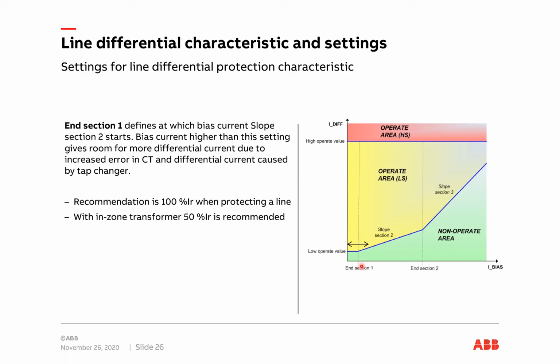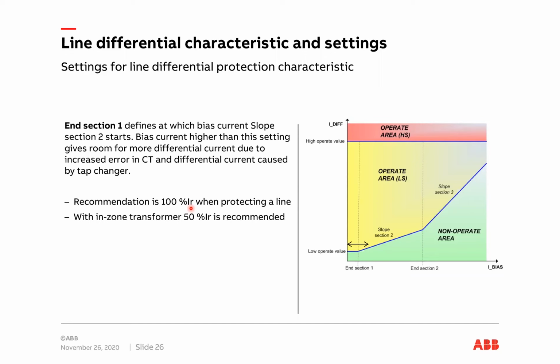If we only have a line that we are protecting, we can use 100% IR. The IR here is the nominal current of the protected object. So if we are using a line, then we can use the nominal current, the same as for the CT.